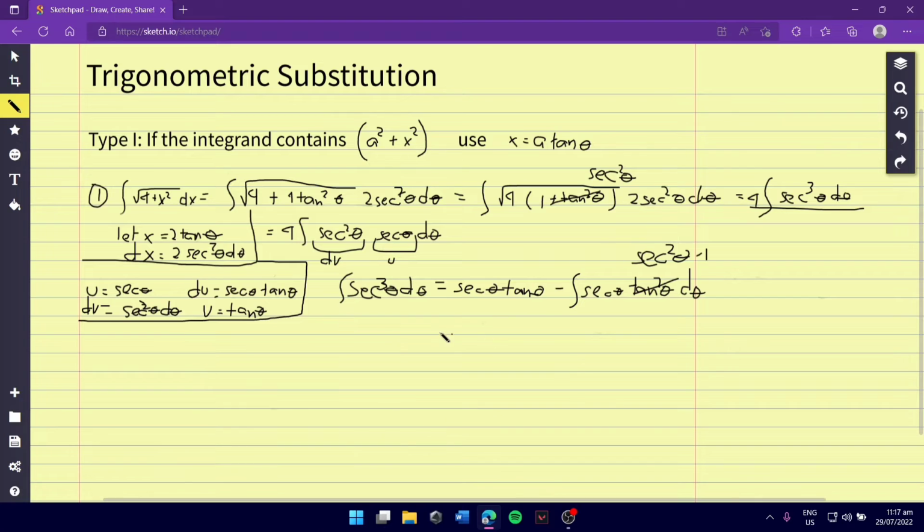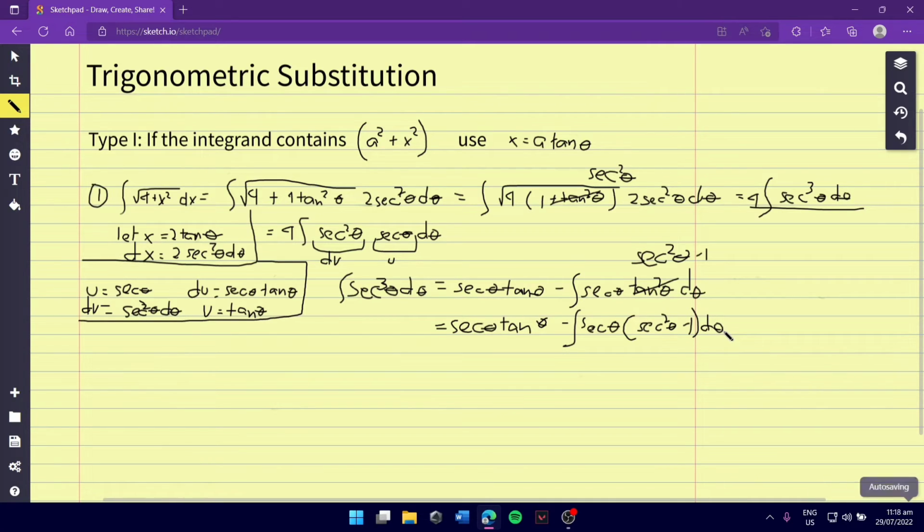So this will become secant theta tangent theta, and then minus the integral of secant theta times secant squared theta minus 1, and then your d theta.